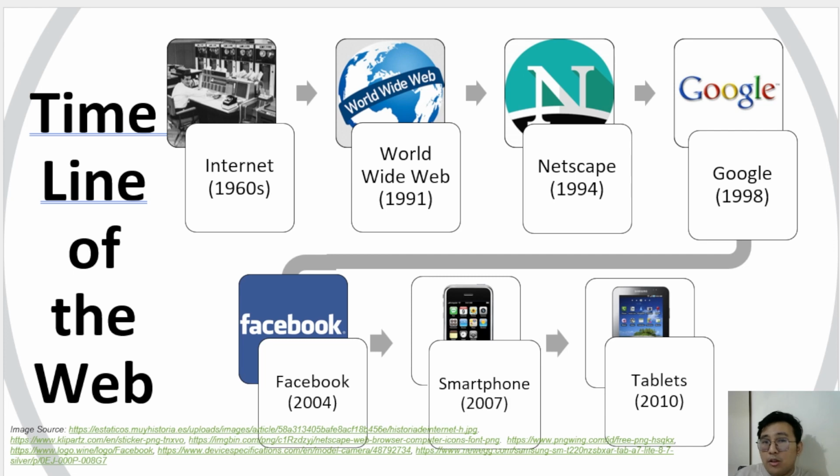And it became commercially known in 1991 as what we call the World Wide Web. It is the first one that we could connect to through a connection called dial-up using our telephone cable.